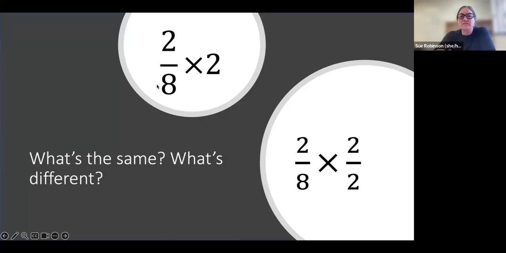They say, yeah, I've multiplied both parts by 2, and they don't understand that if they're talking about multiplication, they're really talking about multiplying by 1. That's a complicated idea that they may not need in order to develop an understanding of equivalent fractions.